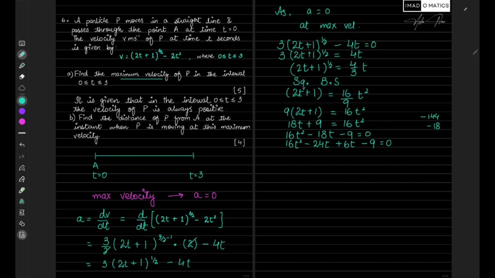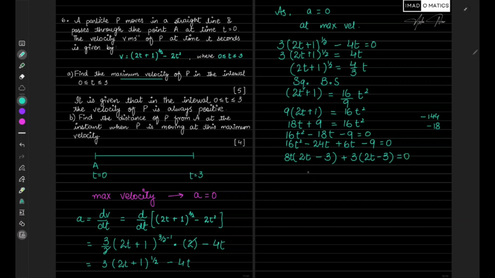Taking 8t common, we get 2t minus 3, and then taking 3 common here, 2t minus 3 equals 0.